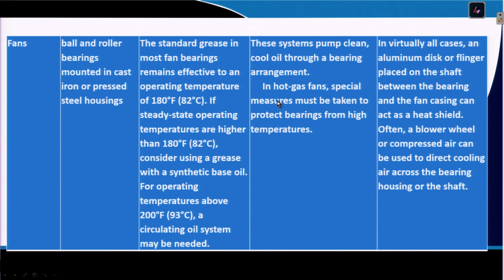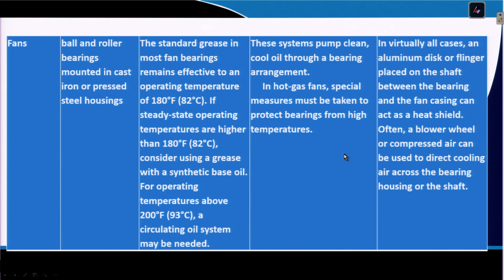The ventilation should be proper in any type of equipment wherever the bearings are there. That area should not be congested, and heat dissipation should be proper. In all cases, an aluminum disc and flinger is placed on the shaft between the bearings and the fan casing, acting as a heat shield so that overheating does not take place.